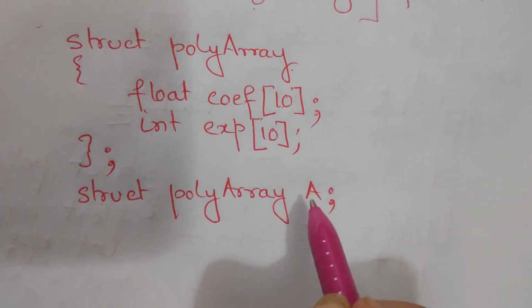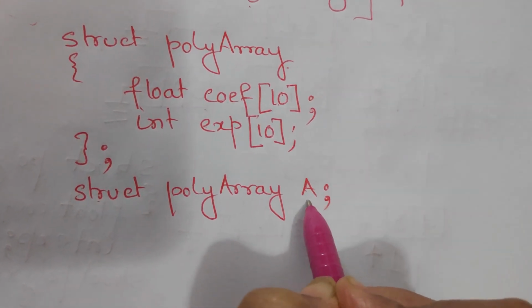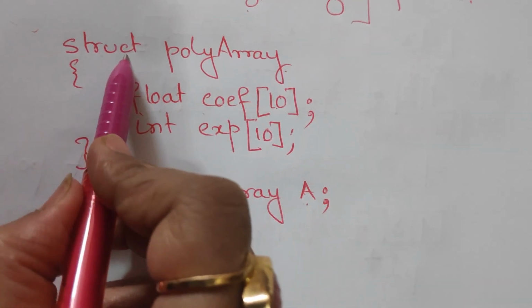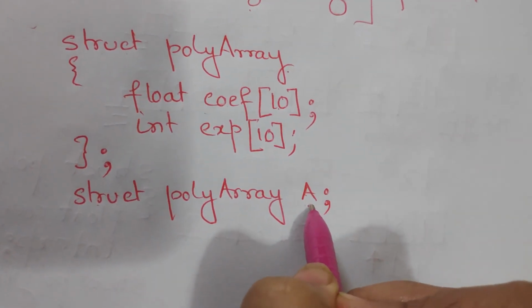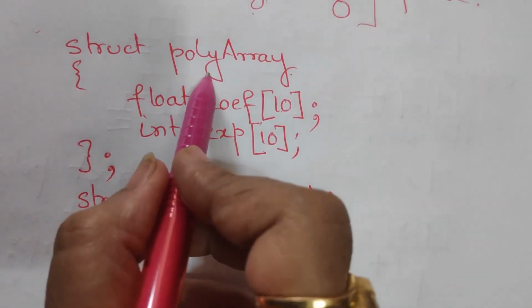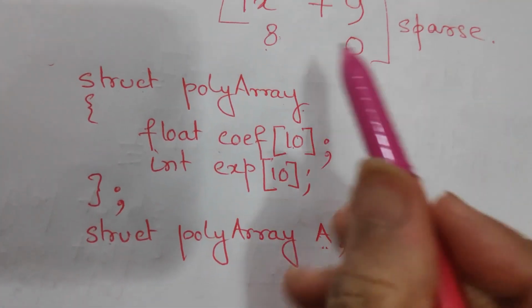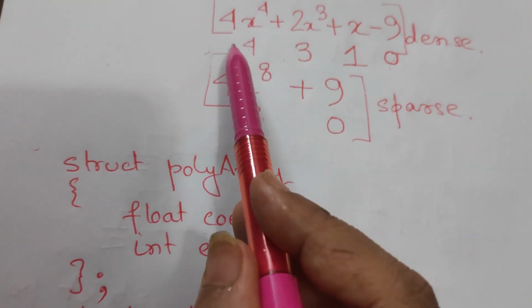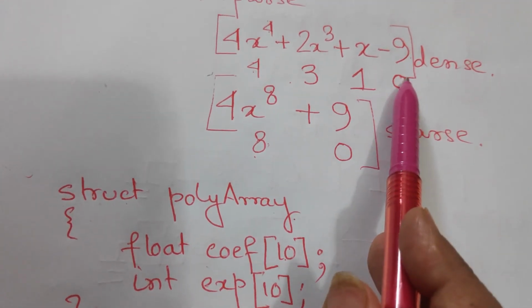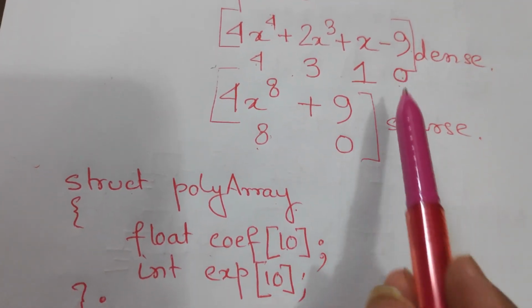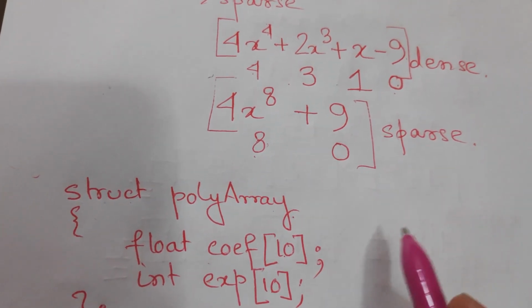Now over here I have declared a variable a of the type structure polyarray. Now suppose I want to represent this particular polynomial using the array a. Then how would I do that?